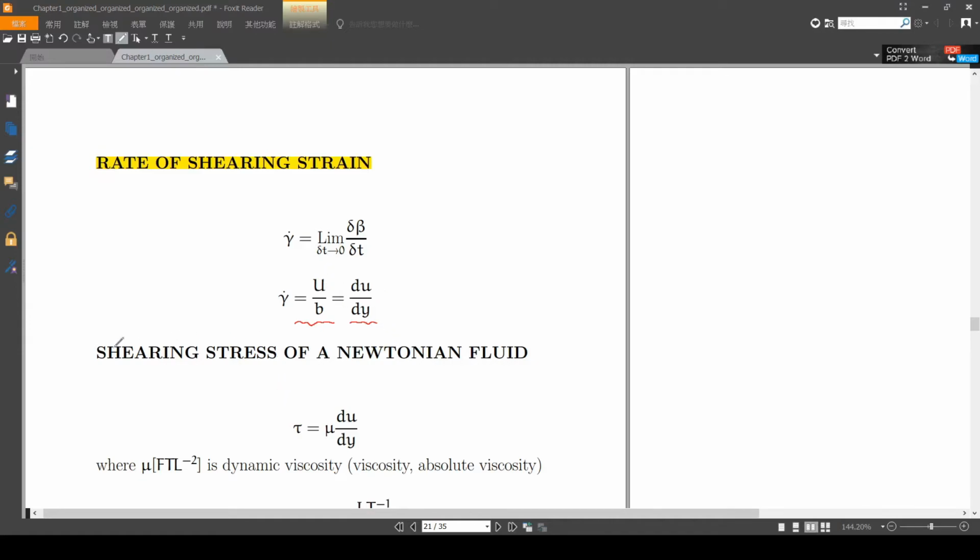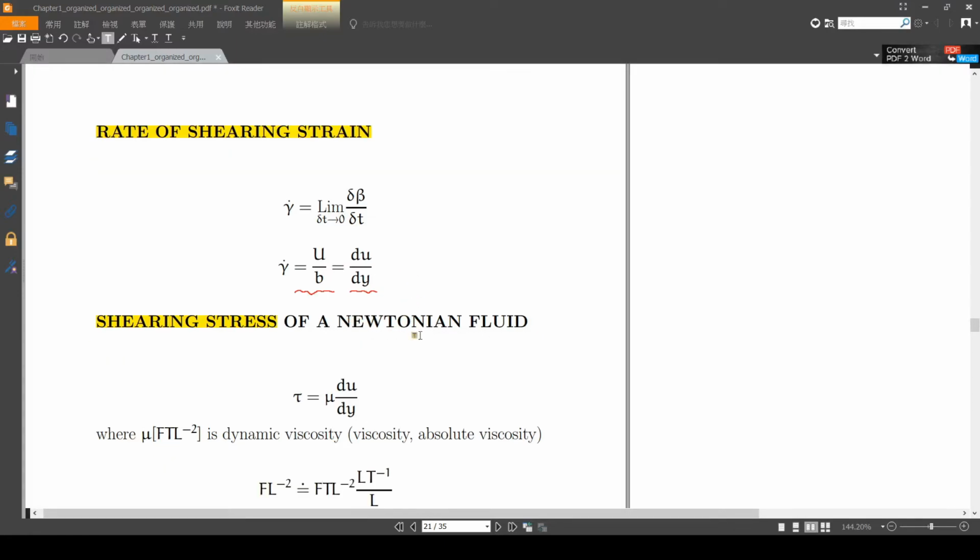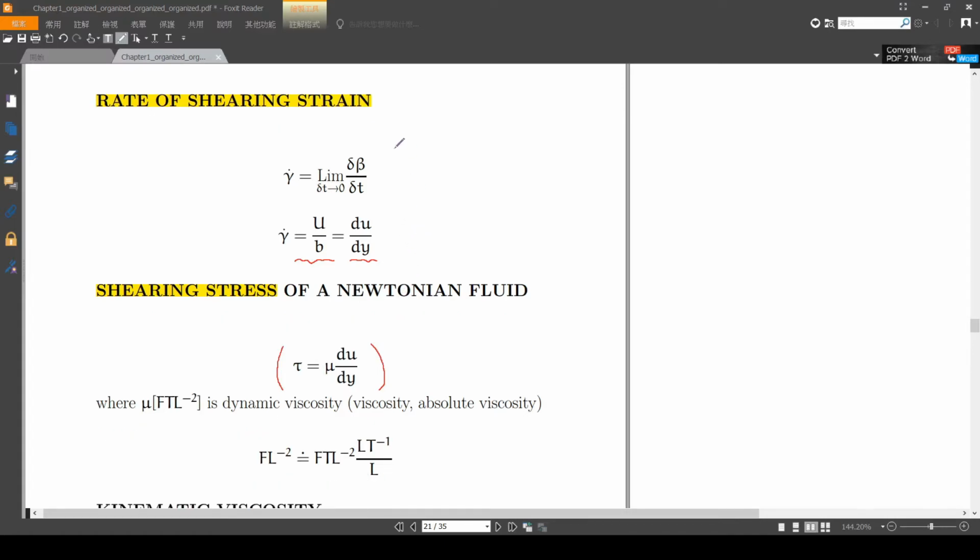So we then know that the shearing stress is proportional to the shearing strain rate, and therefore you can get this relationship. Another piece of information is that if the rate of the shearing strain is linear with the stress, we call it a Newtonian fluid.